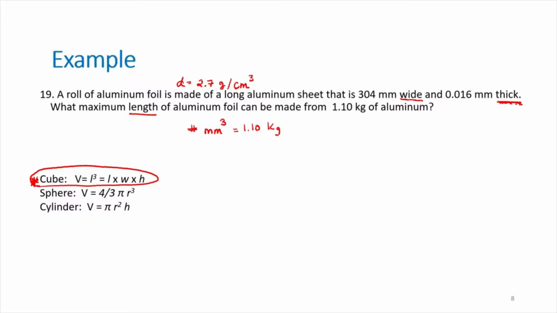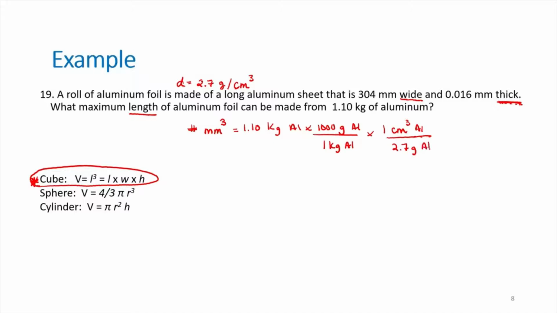I know I'm using a 1.10 kilogram sample of aluminum. I know that there is 1,000 grams of aluminum per 1 kilogram of aluminum. That's just my metric measurements. I know based on density, there is 1 centimeter cubed of aluminum per every 2.7 grams of aluminum.